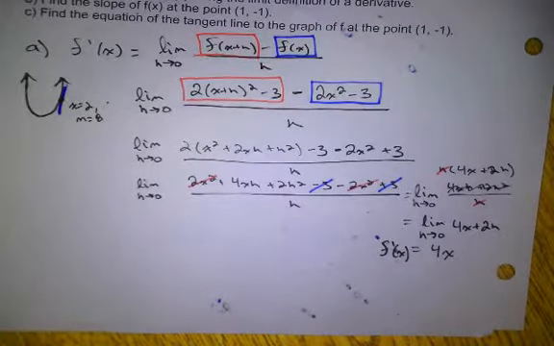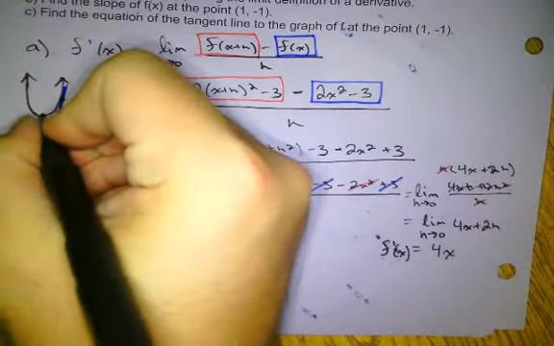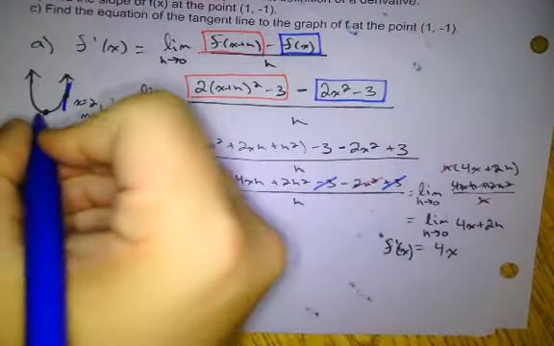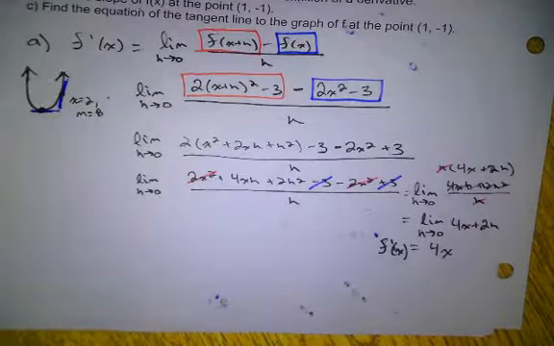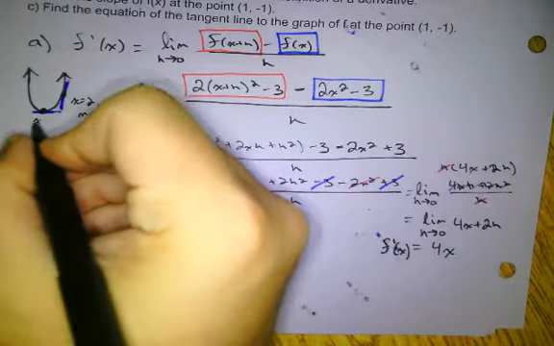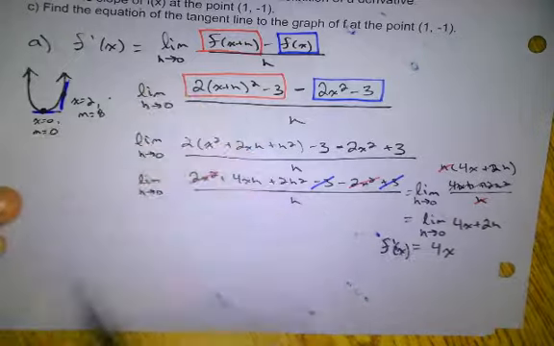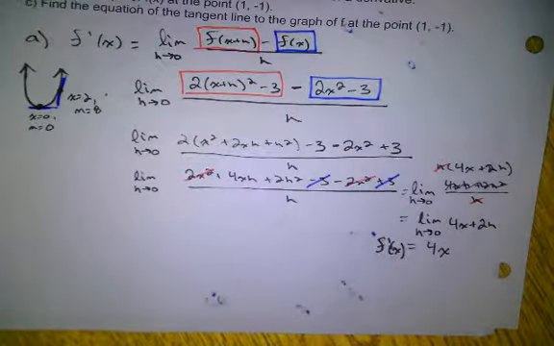And at 0, doesn't that make sense that at 0, the slope is 0? So x equals 0, the slope is 0. Isn't this so fun? You can find the slope of every point on this parabola. Whew, that was so fun.